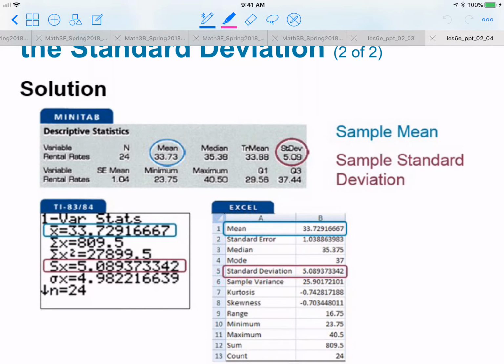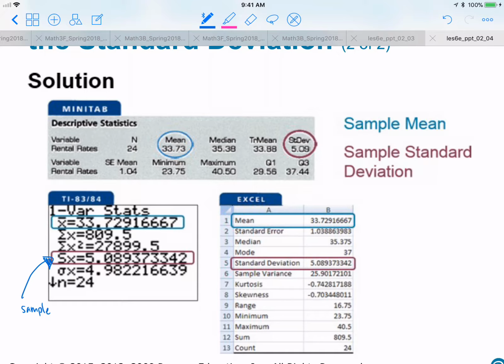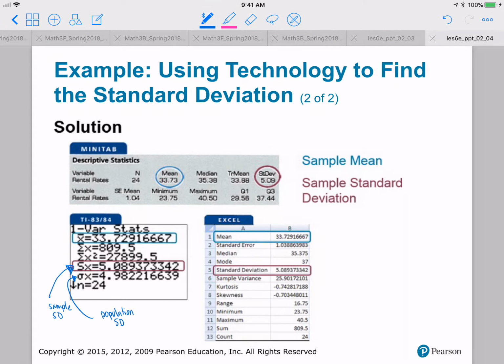You can see here again the difference we were talking about: this is the sample standard deviation, whereas this sigma x here is your population standard deviation. So if your data entries are values for the entire population, you use sigma x, and if they are simply values for a sample of the population, you're going to use Sx. Okay.